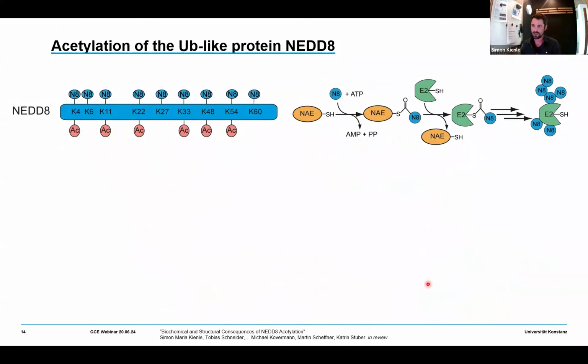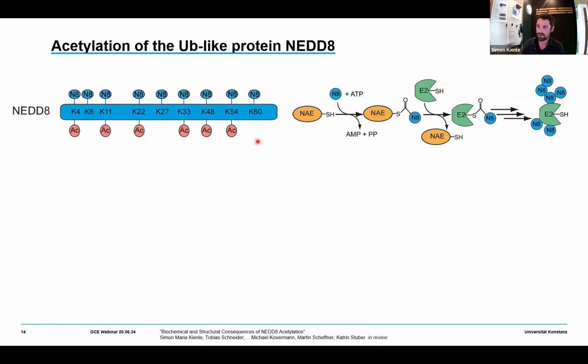We did not only investigate ubiquitin acetylation, we also investigated NAT8 acetylation. And I think I also don't need to introduce NAT8 as a ubiquitin-like protein, because Katrin did that. What you need to know about NAT8 is that it can also be acetylated at several lysine residues within NAT8.